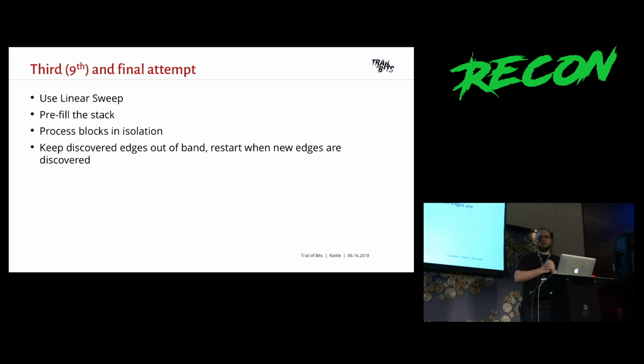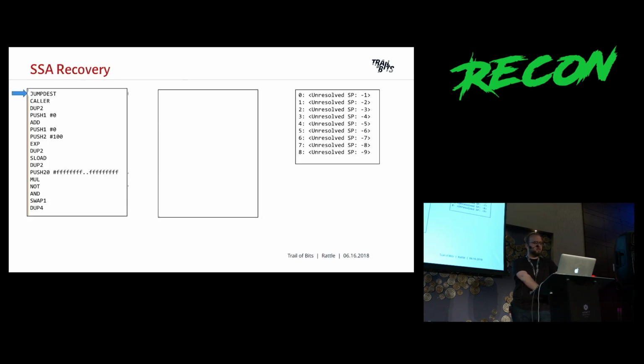So if I start by pre-filling all the blocks with unresolved placeholder values and then lifting them that way, I can process them all in isolation and then link them together later. And then I will discover the edges out of band and restart when new edges are found, because otherwise my resolution goes crazy.